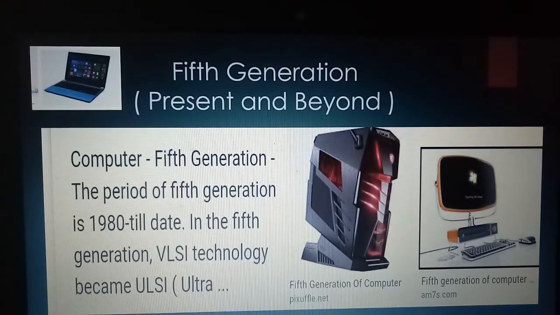Coming to the next part, the year, the period it belongs to. In the third column, you can have the examples of these computers in this generation. Please write it down in your copy. It will help you to learn and remember.